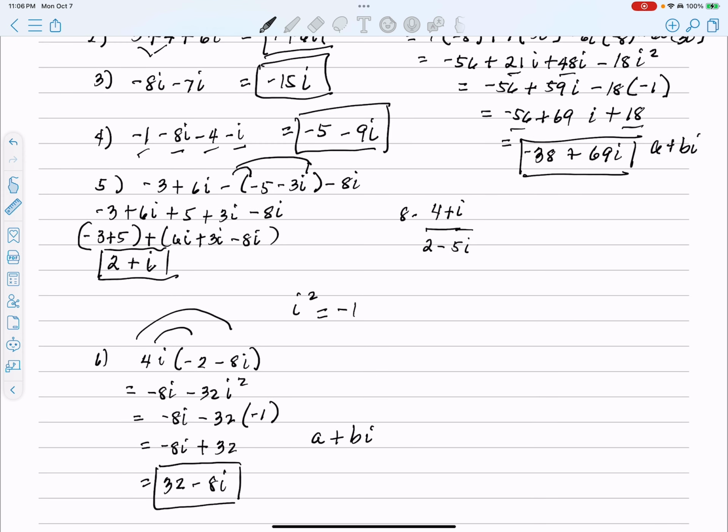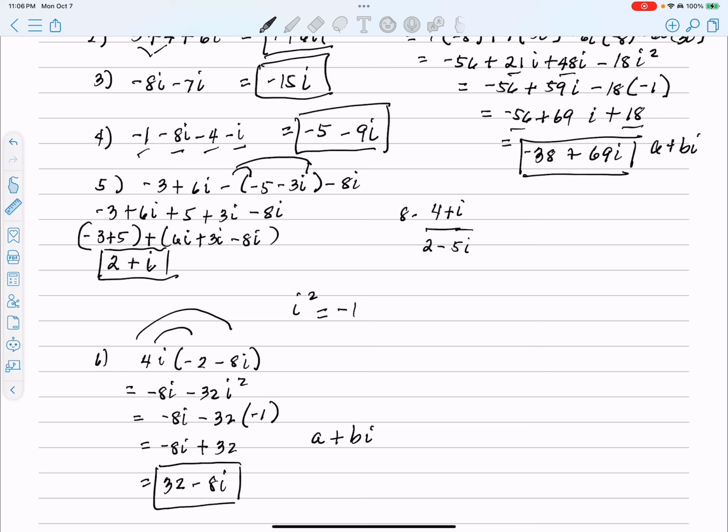Remember, when you divide, like you have 4 plus i over 2 minus 5i. Okay, when you are going to have a division and you cannot simplify anything about it, what we're going to do is rationalize it.